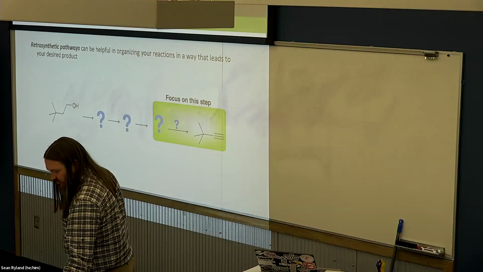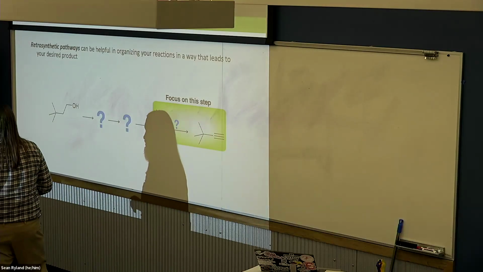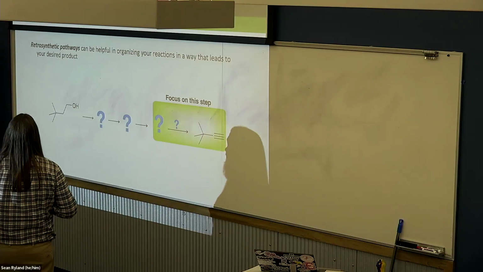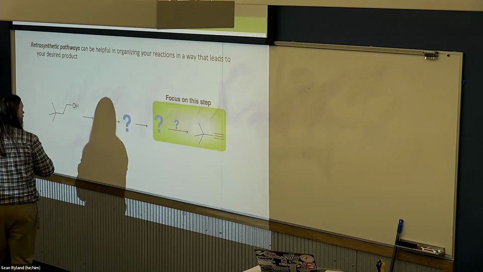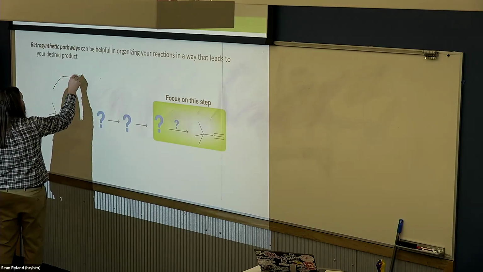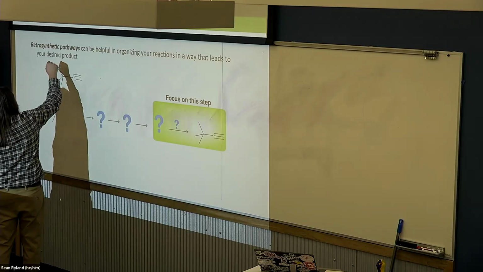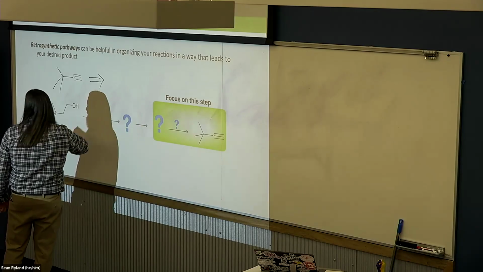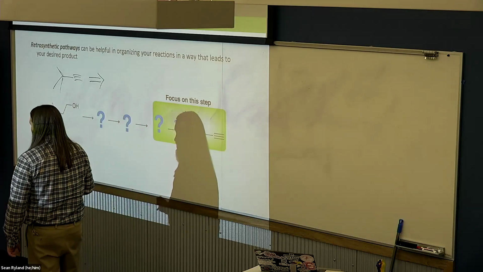So I already mentioned this term, retrosynthesis. It just means working backward. There are retrosynthetic arrows that specifically mean you're going backwards. So if you see arrows drawn like this in chemistry, that means you're thinking backward.